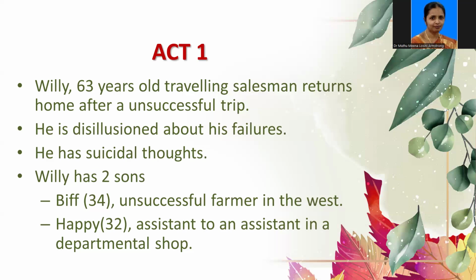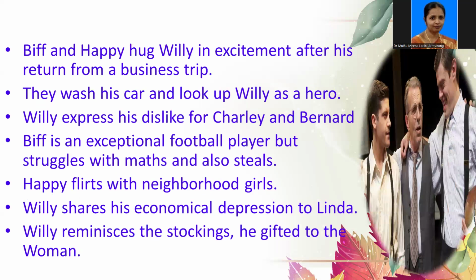Biff is unhappy, as they have seen their father return from his trip, and they went and hugged their father, and they used to wash his car, and they looked up to their father as a hero in their life. They thought that their father returned successfully.